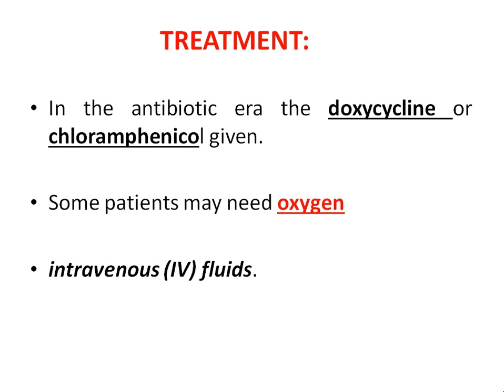A wide spectrum of antibiotics are available in the drug stores. Doxycycline or chloramphenicol is given as a general antibiotic to kill Rickettsia prowazekii. Sometimes patients may need oxygen, and doctors may advise antibiotic injections given intravenously.